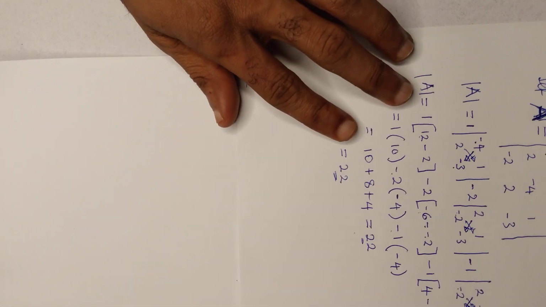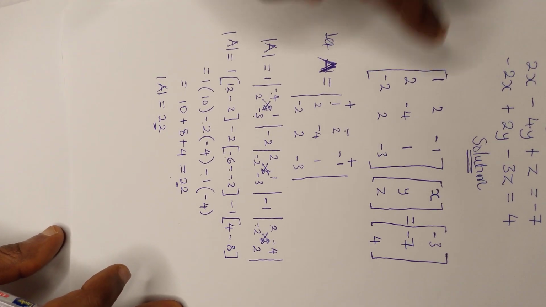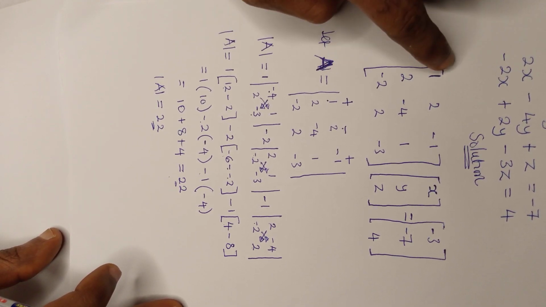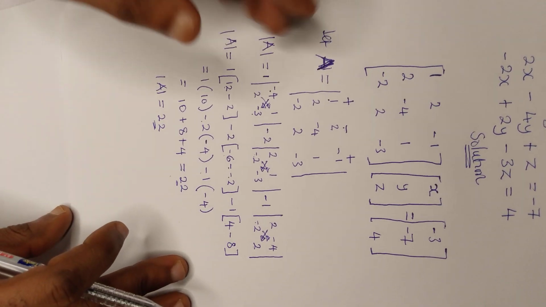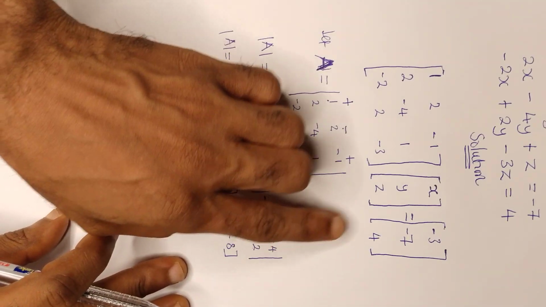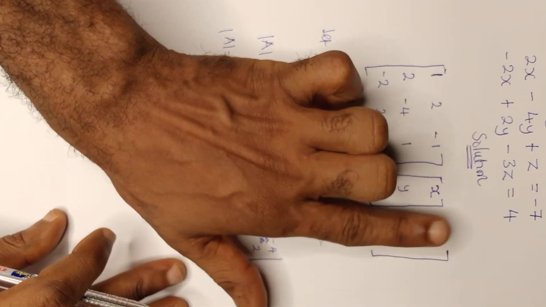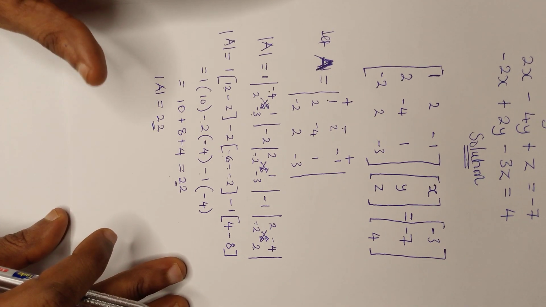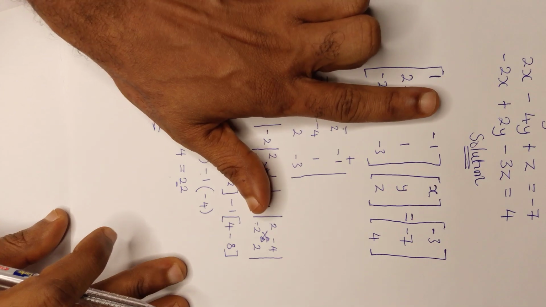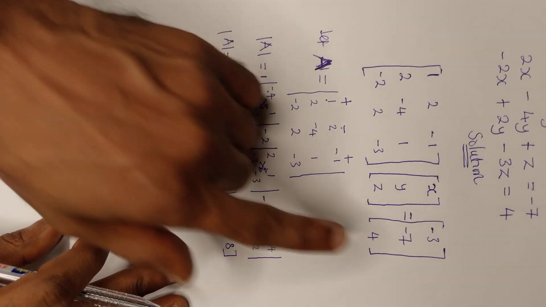Since we are finding for X, this is the X. Since we are finding for X, we are going to replace the column of this X by this. So which means we are going to take this out completely, bring this down here and find the determinant. If we are doing for Y, we will take this out completely, bring this down here to find the determinant for Y. If we are doing for Z, we will take this out completely, bring this down here.